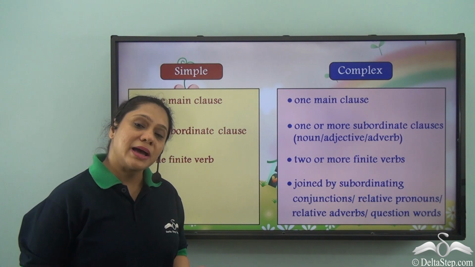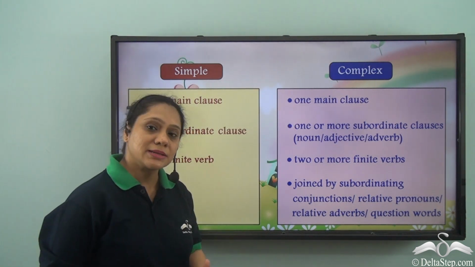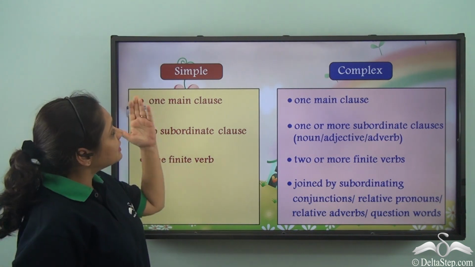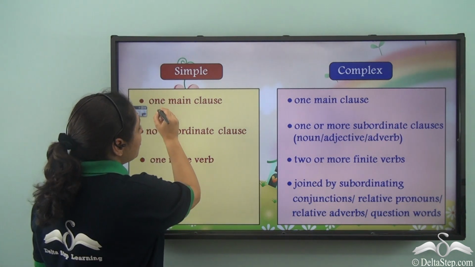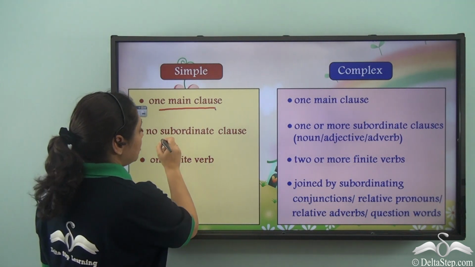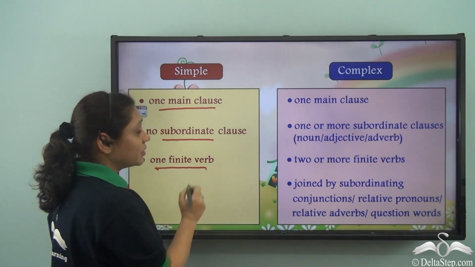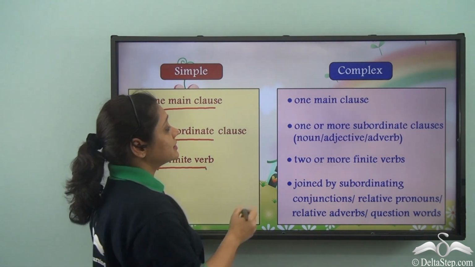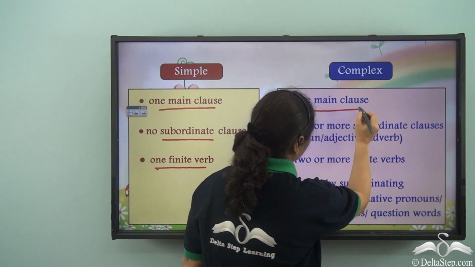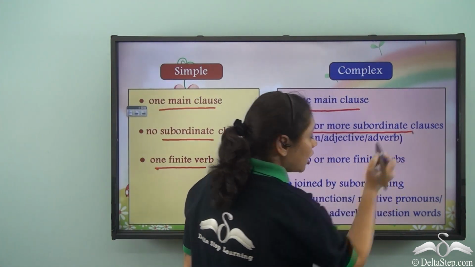Let us quickly revise the features of a simple sentence and a complex sentence. We have learned that a simple sentence has one main clause and no subordinate clause, and it has one finite verb, whereas a complex sentence has one main clause and one or more subordinate clauses.